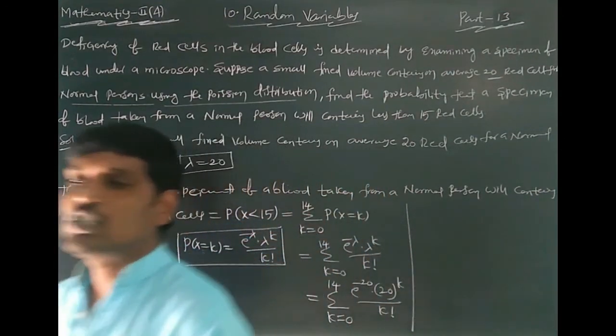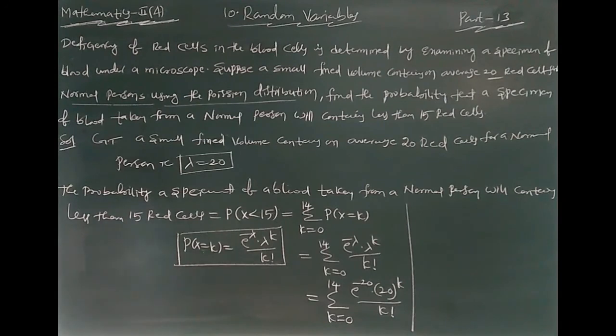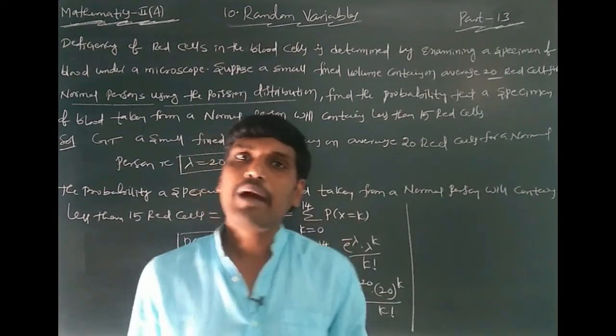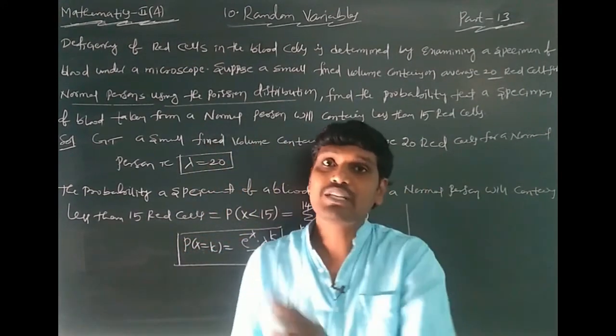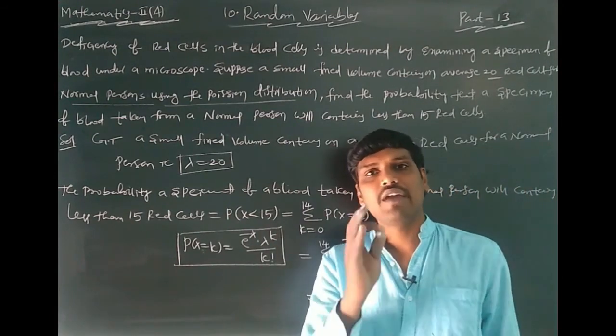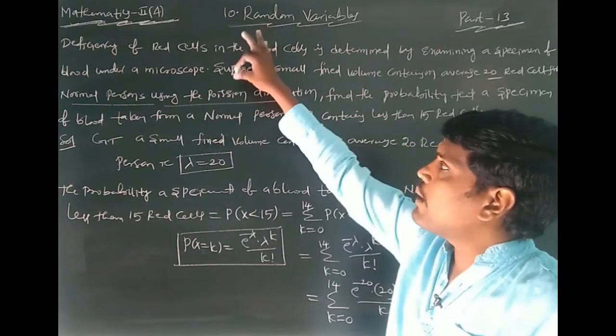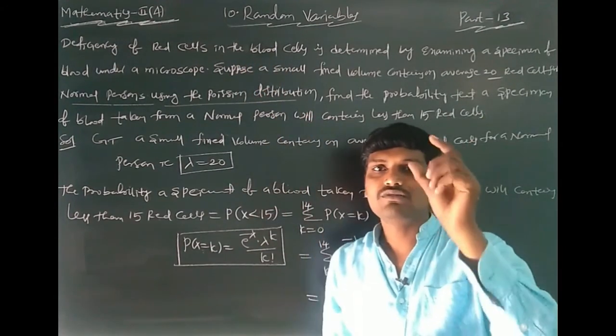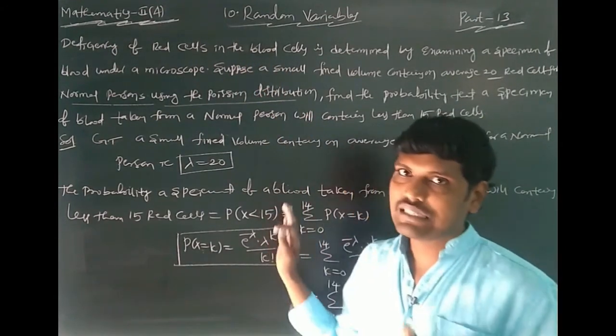Comparing with binomial distribution model problems, these Poisson distribution problems are very, very easy. The problem is very long, the answer is very short. This is a very, very important Poisson distribution.